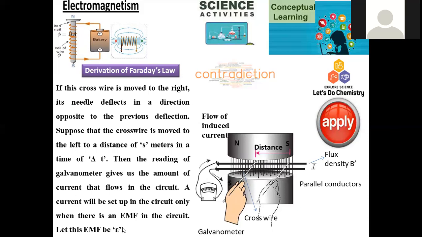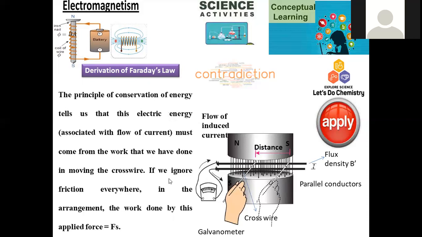The EMF will be denoted with epsilon, right? Already we know that wherever an induced current is there, obviously there is an origination of potential difference. Potential difference is mainly due to the change in electron density at both terminals, so the potential difference is also originated. That is denoted with the symbol epsilon.